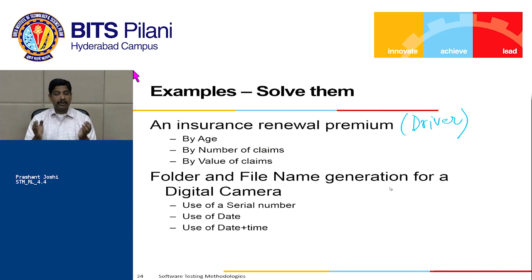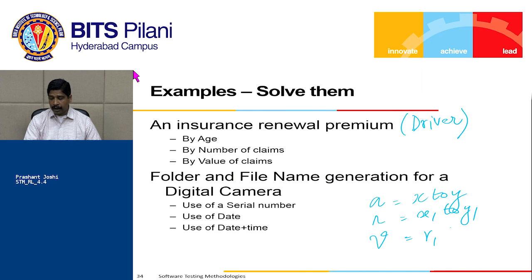Thus, you would see insurance renewal premium calculation will definitely be a cause-effect relationship. It's by age, so there would be a limit for age between X to Y, number of claims, X1 to Y1, and value of claims, which is between R1 to R2. And then the combinations begin.